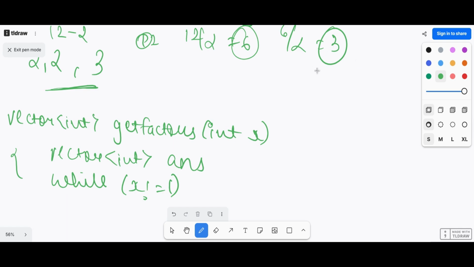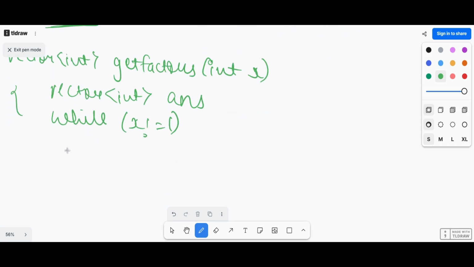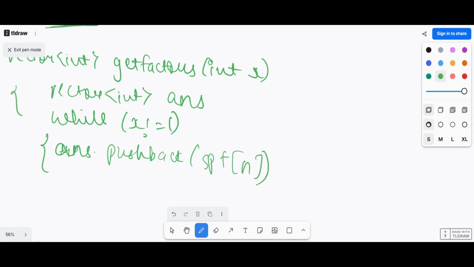At the last step, 3 by 3 is 1, so now there's no need to continue. So until x is not equal to 1, every time SPF of x is one of the factors, so in answer you will push back SPF of x. And this SPF you have pre-computed.